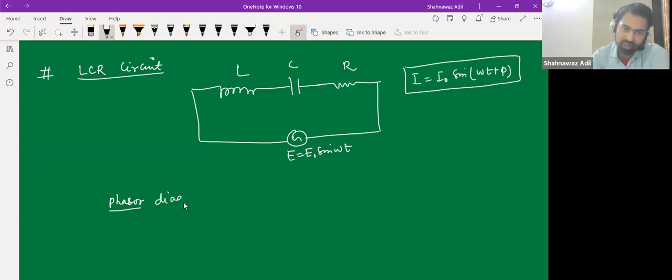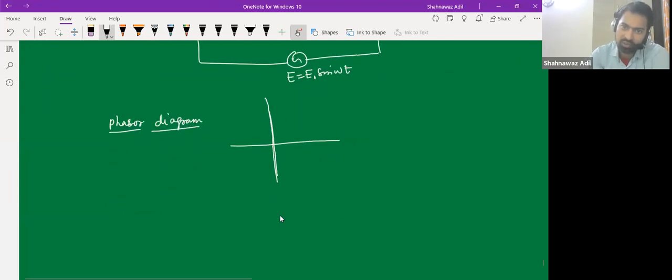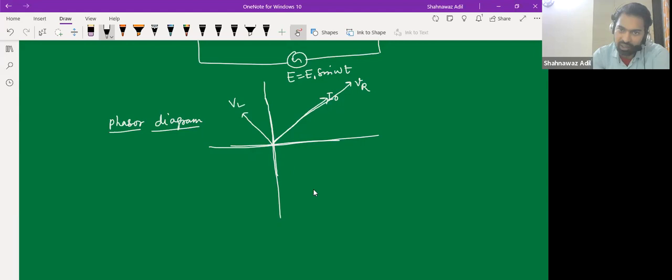From the phasor diagram, this was the current, which was I naught, and in the same phase, this was VR, and at 90 degree, this was VL, and at 90 degree the other way, this was VC, right?